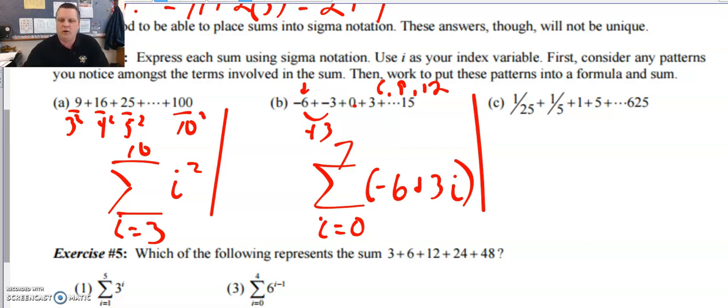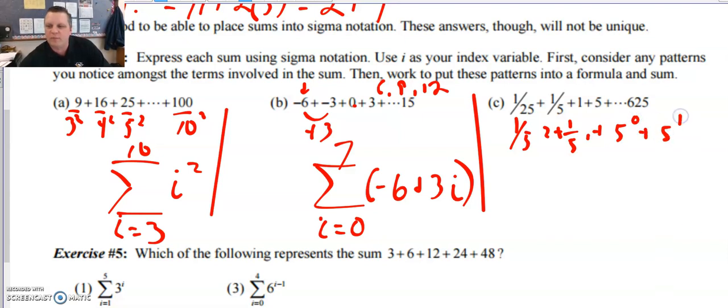Okay, or I'm looking at this as 1 over 5 squared plus 1 over 5 to the first plus 5 to the 0 plus 5, 1. 5 to the 0 is 1. This would become 1 over 5 squared, which is 5 to the -2, plus 5 to the -1. Okay, that's a 5 right there. Okay, so 5 to the -1.